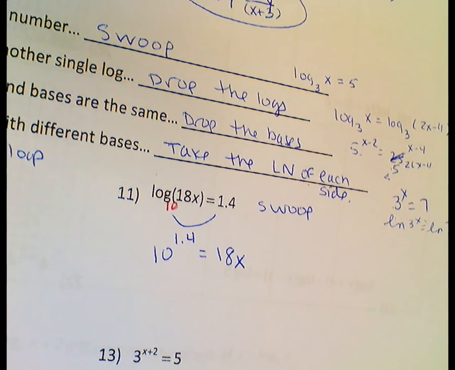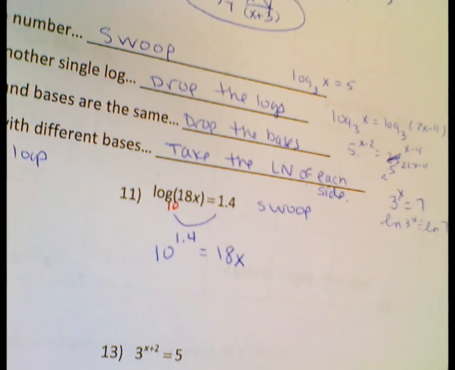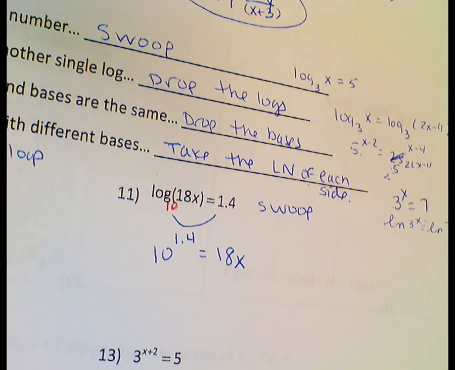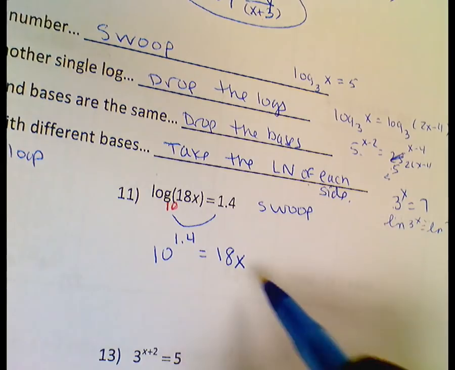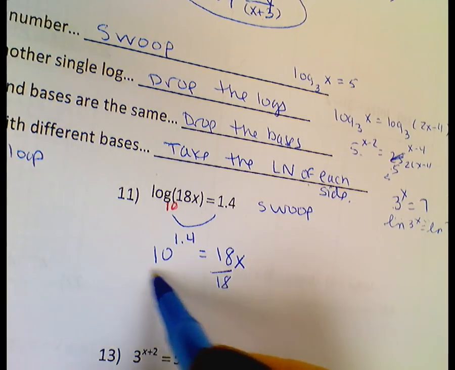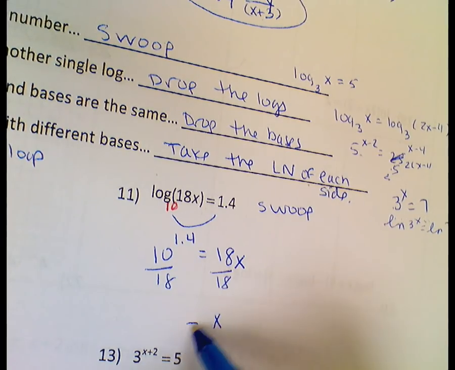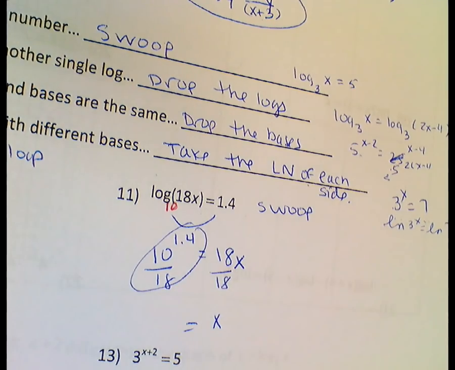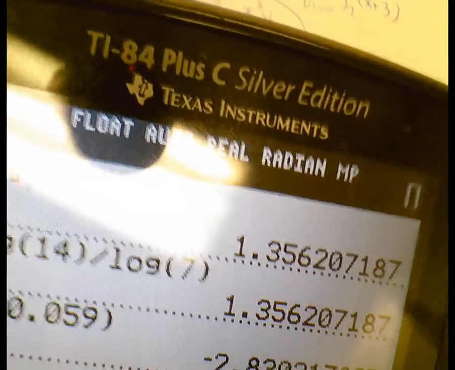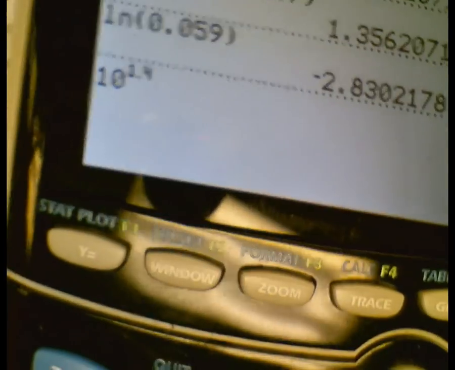18x. Now, if you're solving for x, how do you get rid of 18? Divide by 18. So we're going to punch all this in the calculator. I just punched in 10 to the 1.4.